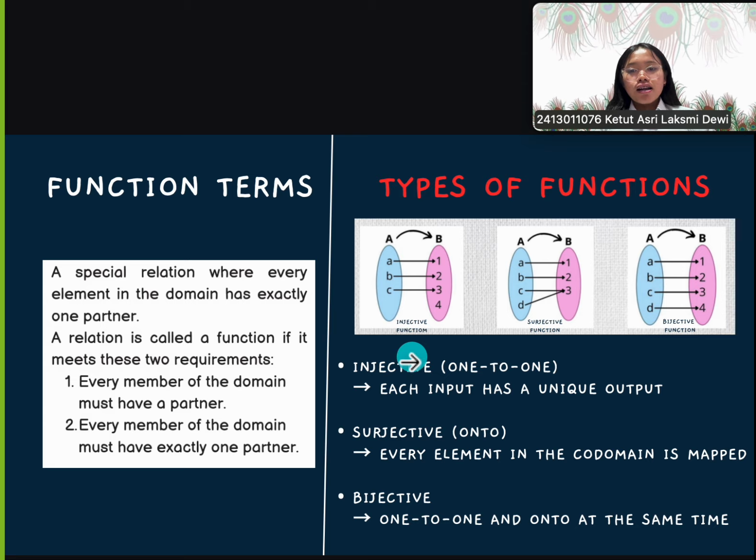Injective function, or one-to-one, means each input has a unique output. Surjective function means every element in the codomain is mapped. And bijective function is one-to-one and onto at the same time.